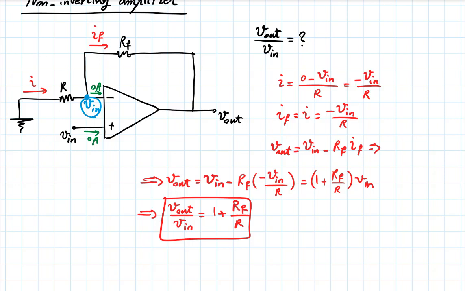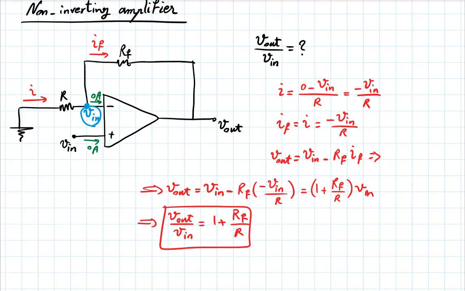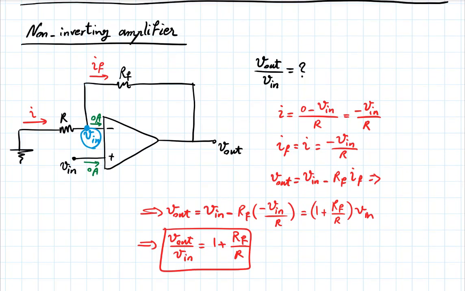And as you can see, in this case, the ratio is a positive number. It's 1 plus the ratio of the resistances, and it's a positive number.